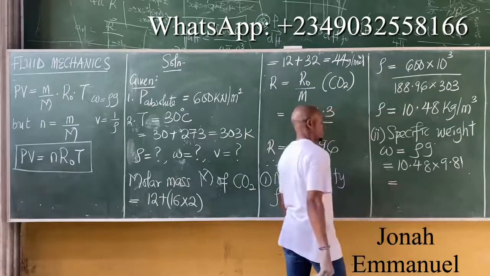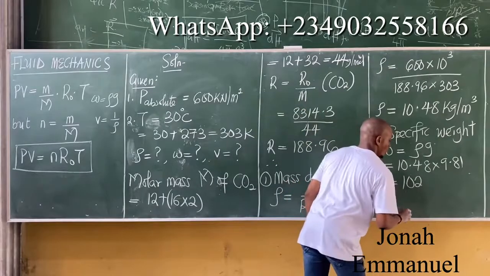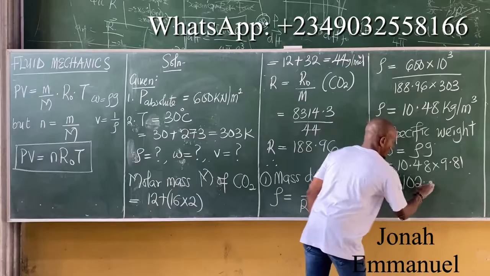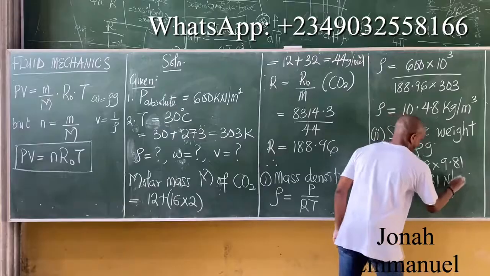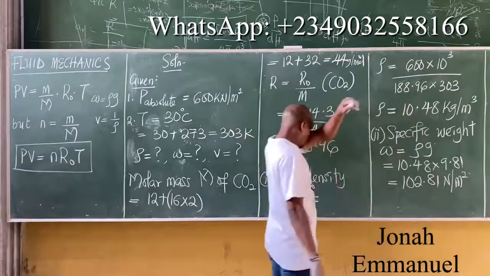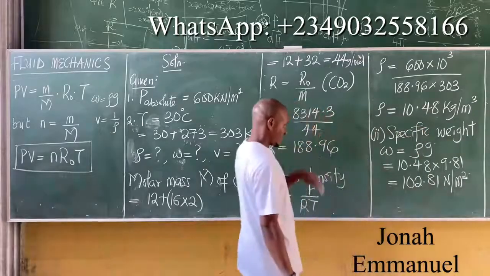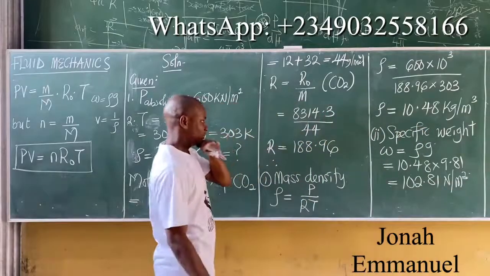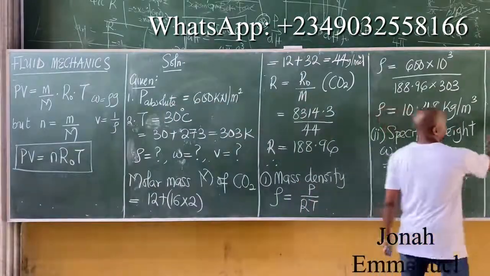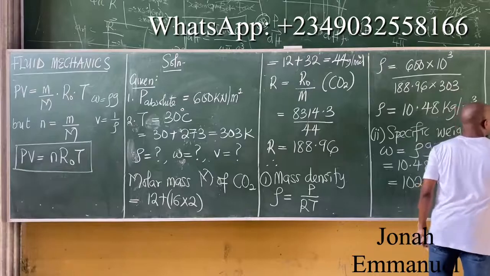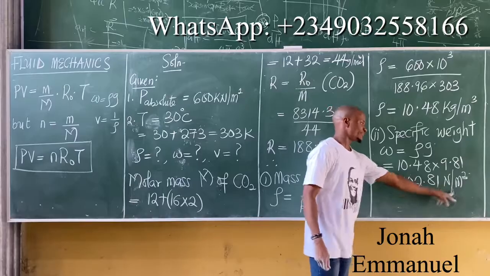Please give me the value. 102.81 units. So meter cube. Okay. Yes. We said this is equal to what? Weight over what? Volume. Right. Weight over volume. So Newton per what? Meter cube.